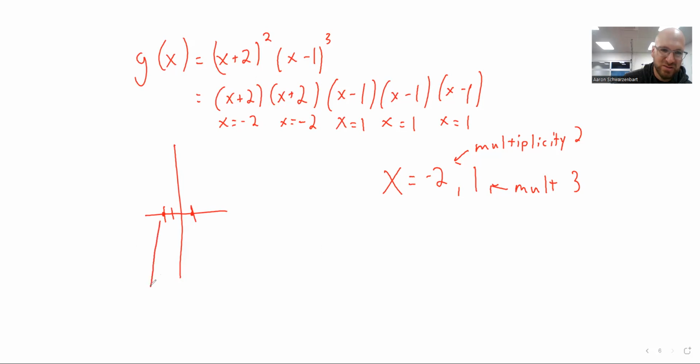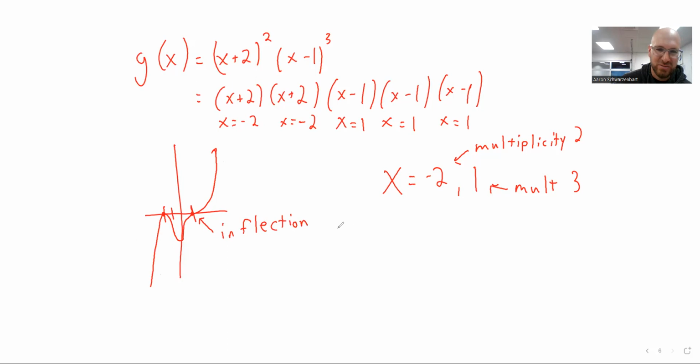A multiplicity 2 root will touch the axis and bounce off. A multiplicity 3 root goes through at this kind of funny thing where it switches from hooking away from the axis to hooking through with what's called an inflection point. Okay, it kind of switches the way it's curved.